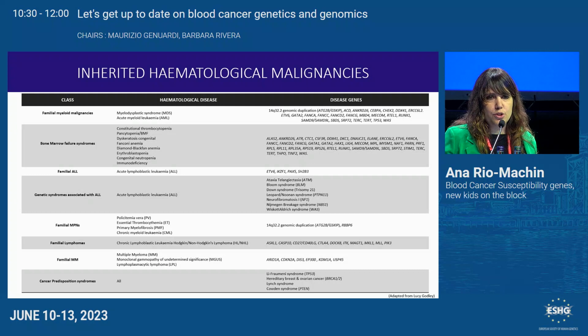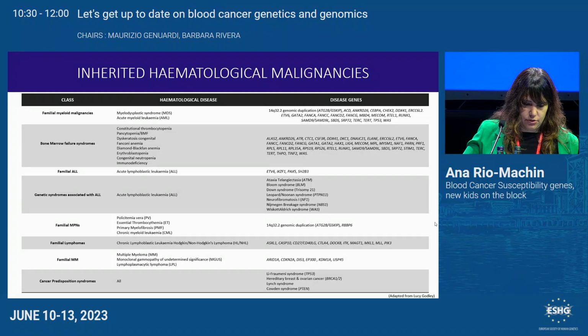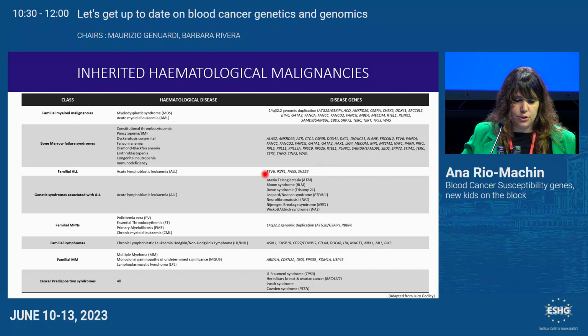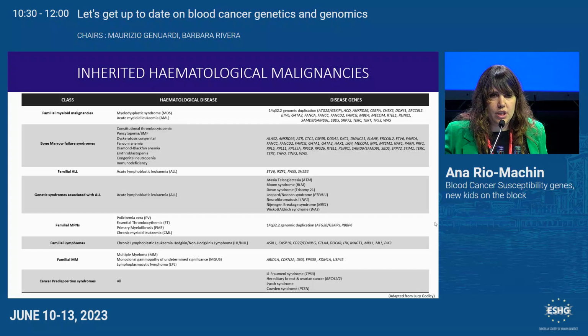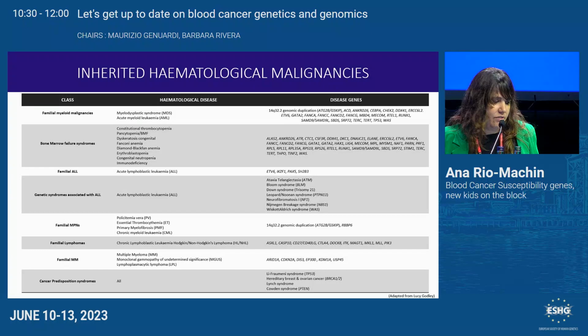We also have familial ALL, which has not been very well studied yet, but these genes have been associated with ALL so far. And as James presented before, there are syndromes like Down syndrome that also predispose to acute lymphoblastic leukemia development.